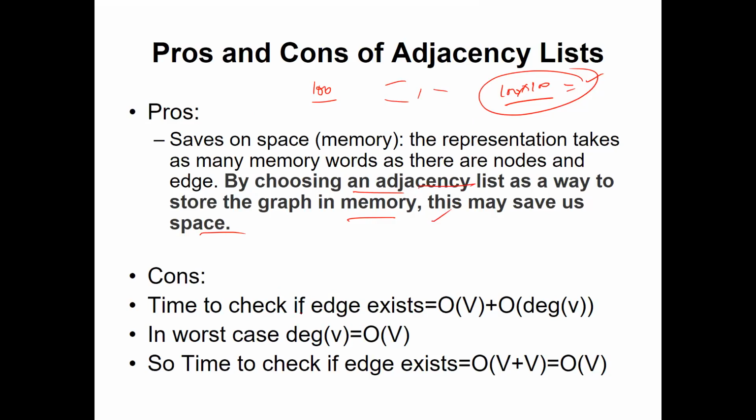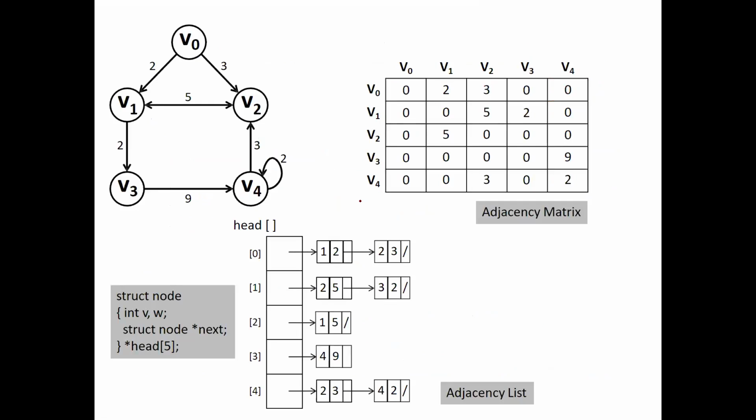Then the time to check whether an edge exists between a pair of vertices in an adjacency list is order of v plus order of degree of v. So this is basically order of v. That is the main disadvantage of this. For example, if I want to check whether an edge exists between v3 and v2, first I have to traverse to find the starting address of v3, if it is organized in that direction.